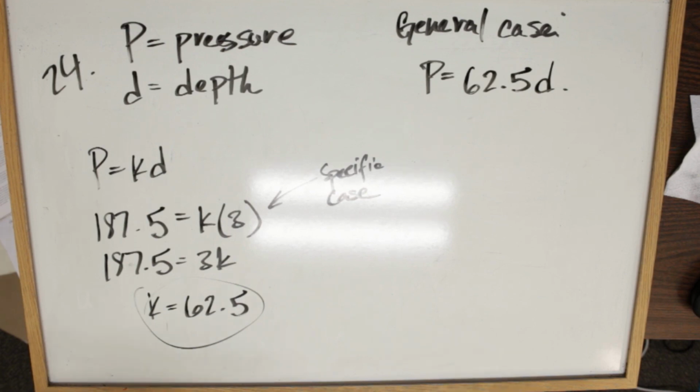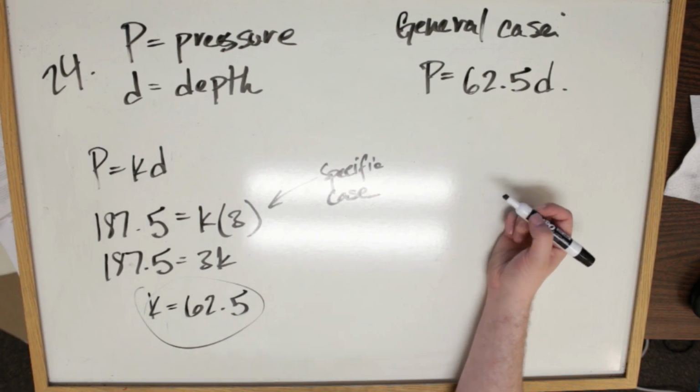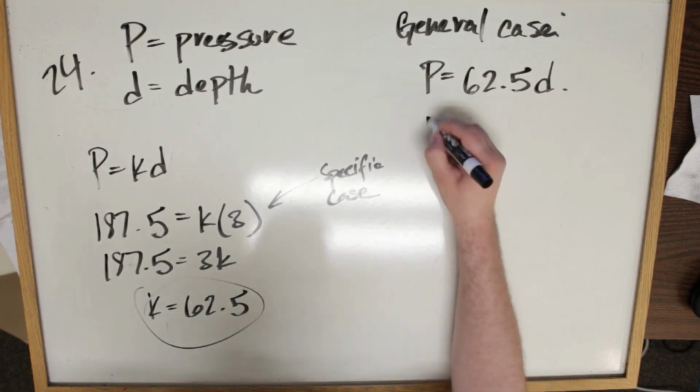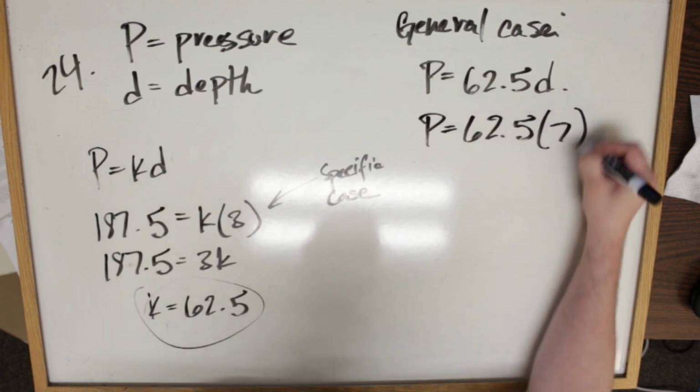And the last thing that they ask us to do is, they're basically saying, if this is true, find it at another depth. So they're asking us to find it at a depth of 7 feet. So P is equal to 62.5 times 7.